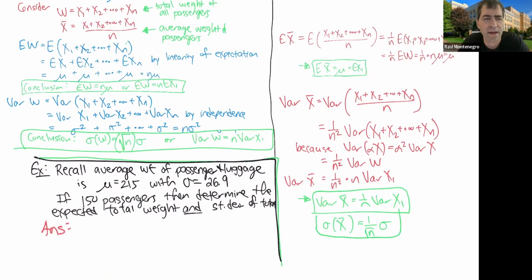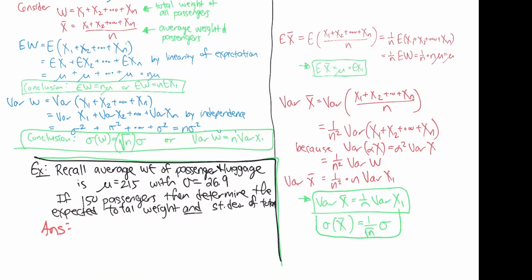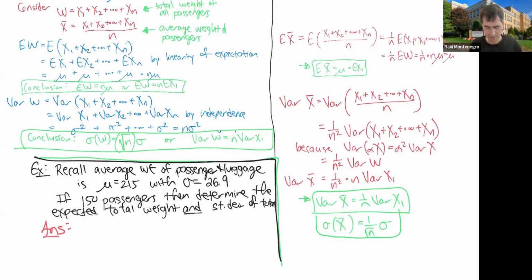Okay, so we need to decide which of all these formulas get used. So do I want to look at W or X bar? W. Yeah, so since we're looking at totals, then it's W. And now the formula we have at the top is that E of W will be N times mu.